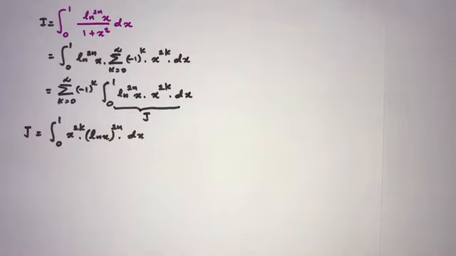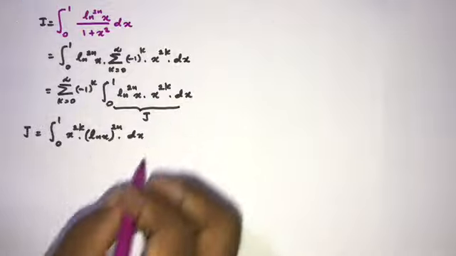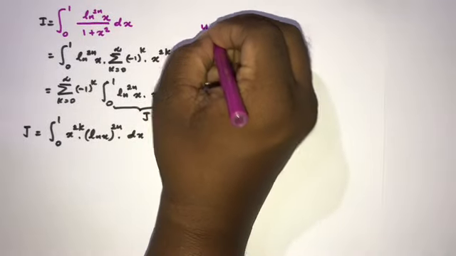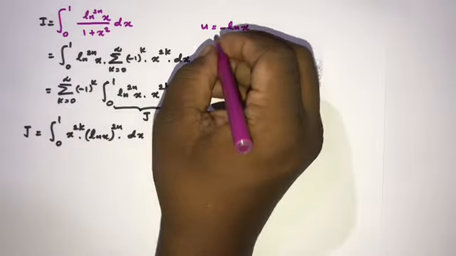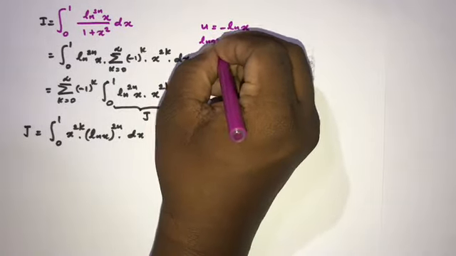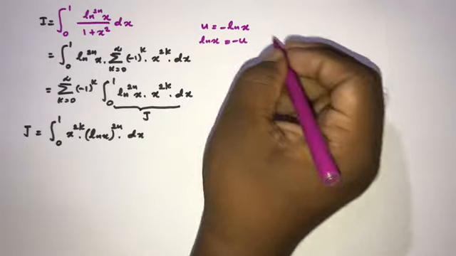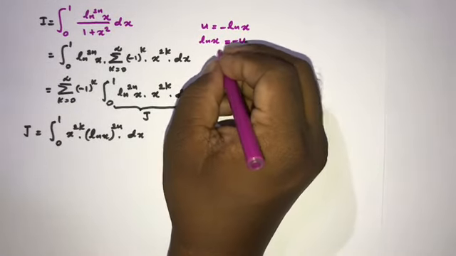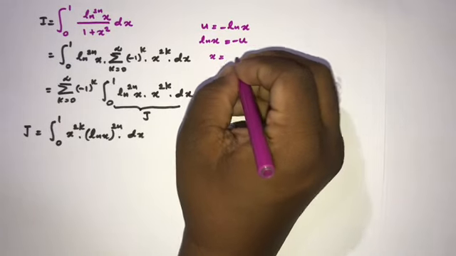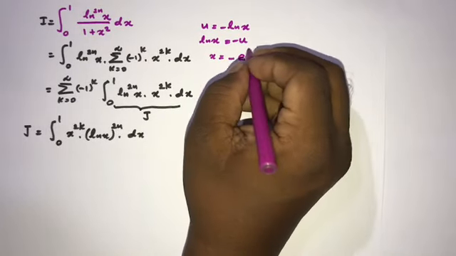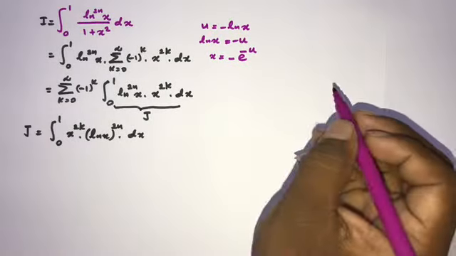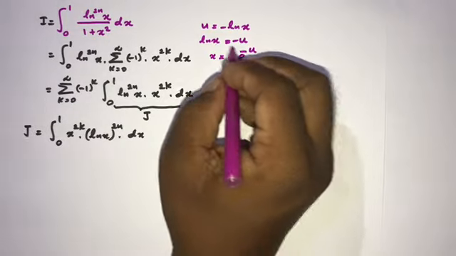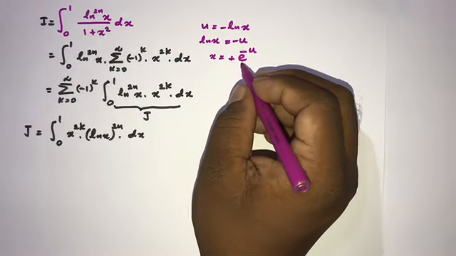Now we can use a substitution. Let u be equal to minus natural log of x. Then natural log of x is equal to minus u, and x is equal to e to the minus u.